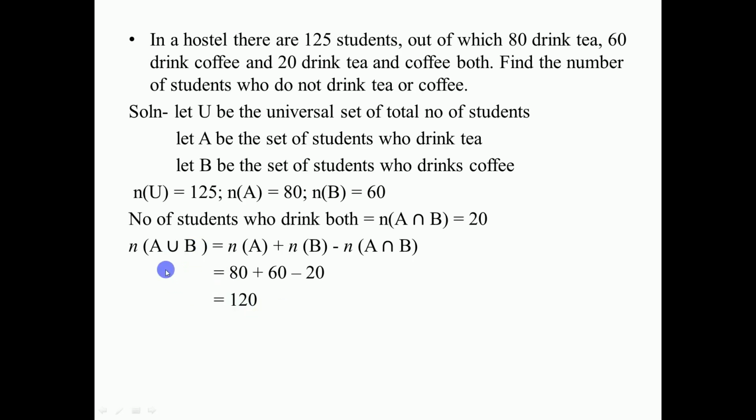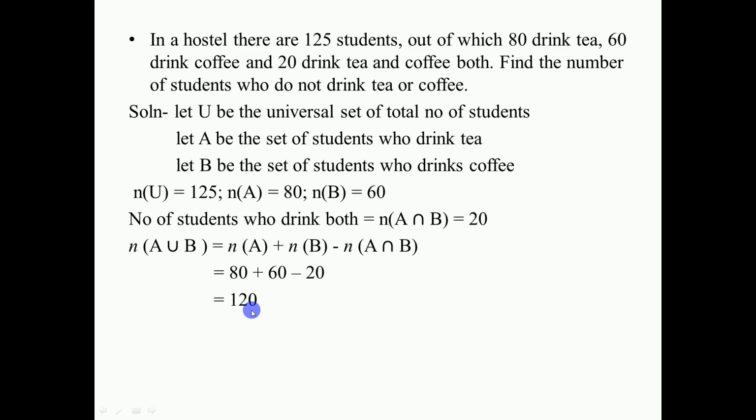Now n(A union B) means there are students who drink tea, students who drink coffee, and students who drink both tea and coffee. That lies in 120. But as you know, we have a total of 125 students. So basically there are 120 students who drink tea, coffee, or both.